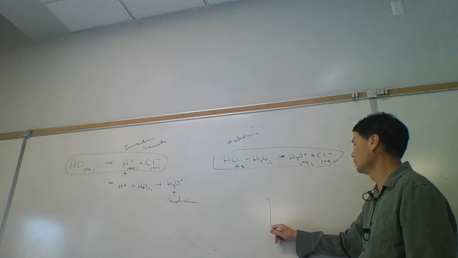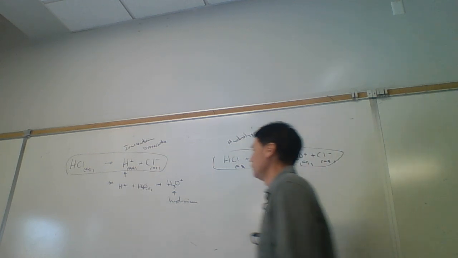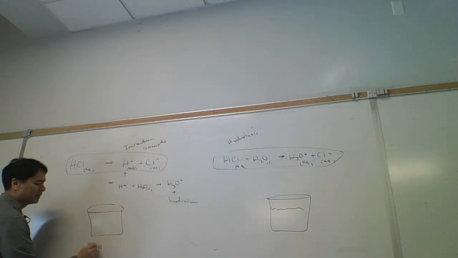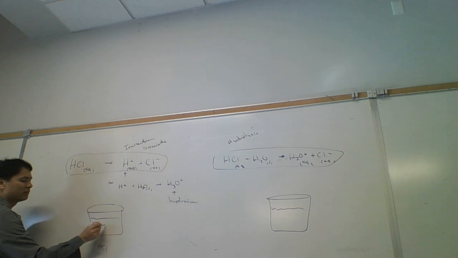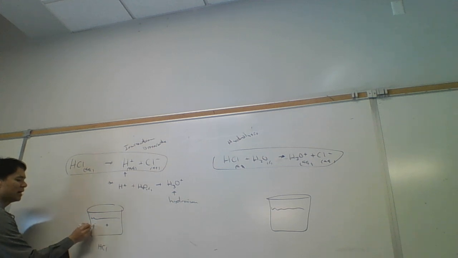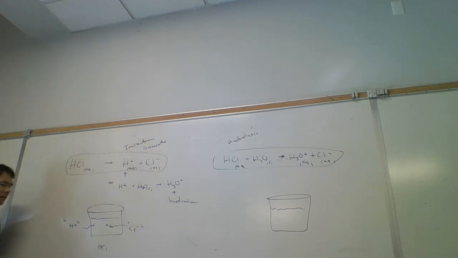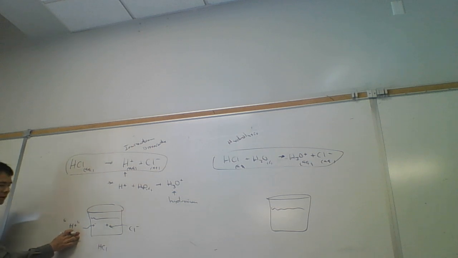There are two ways I can represent nitric acid. So if I have a beaker of HCl, this beaker is labeled HCl, and then inside this, am I going to find any HCl molecules? No, no molecules. Instead, I'm going to find H plus ions and chloride ions. Those molecules are going to be broken apart. Now the H plus ions are just that.